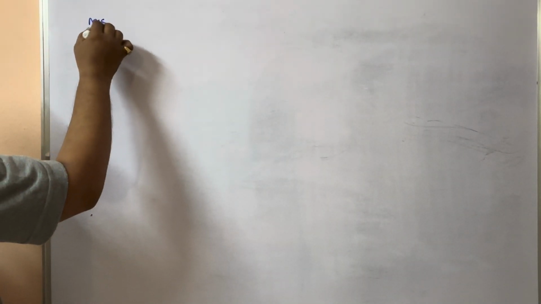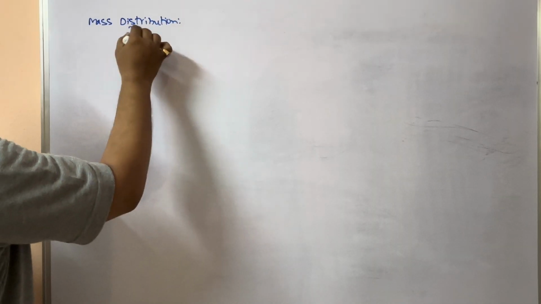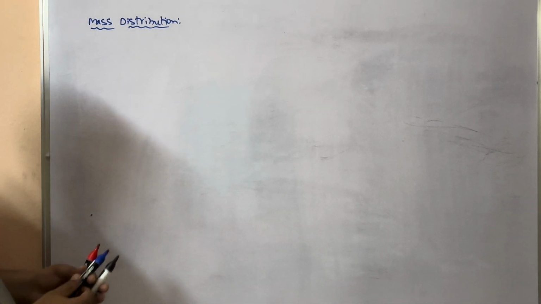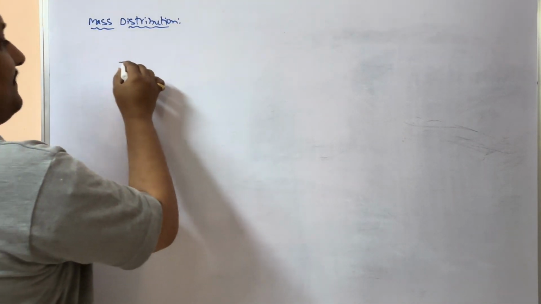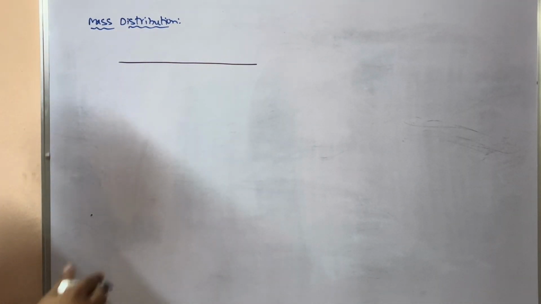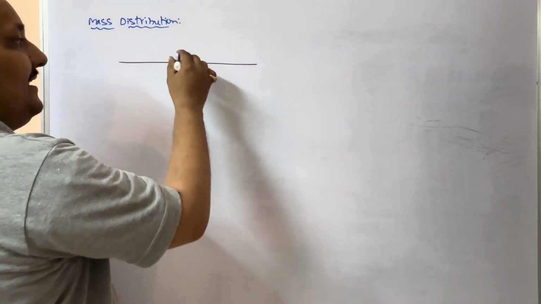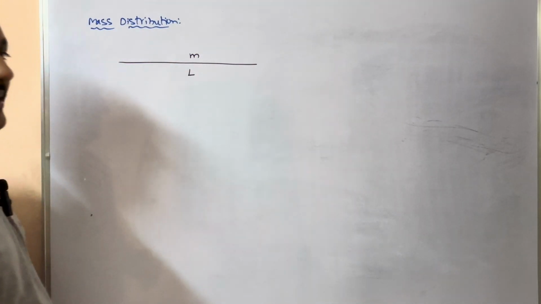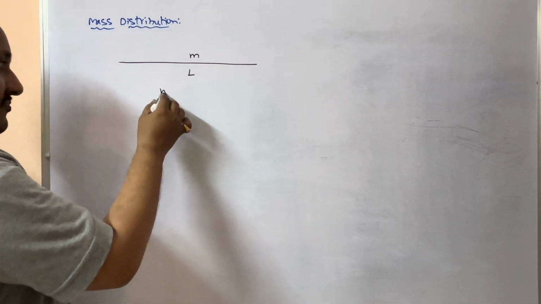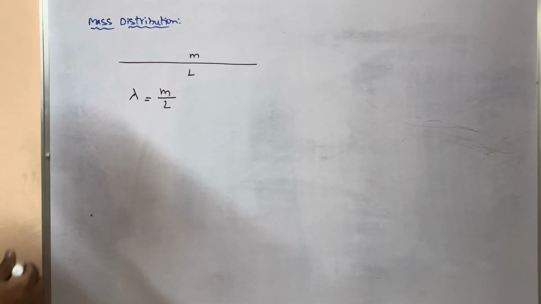Next we will see mass distribution. How mass is going to be distributed on any object. If you are taking a wire, a linear wire, we say it has length L. Now what is the mass contained in this L length? That is going to be M. So the amount of mass per unit length is called linear mass density.